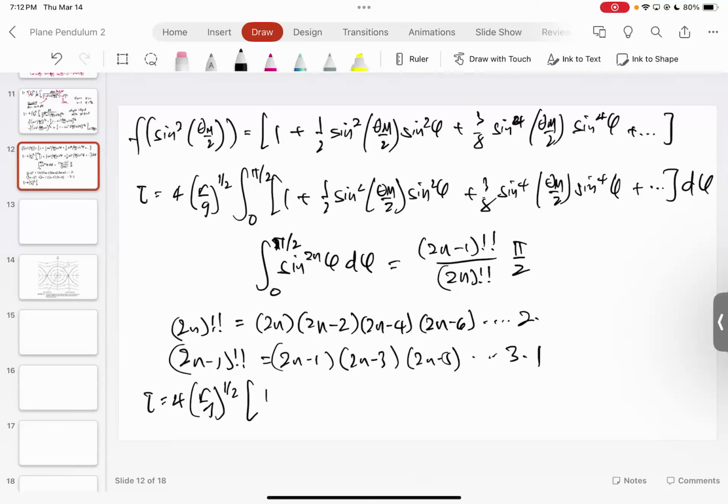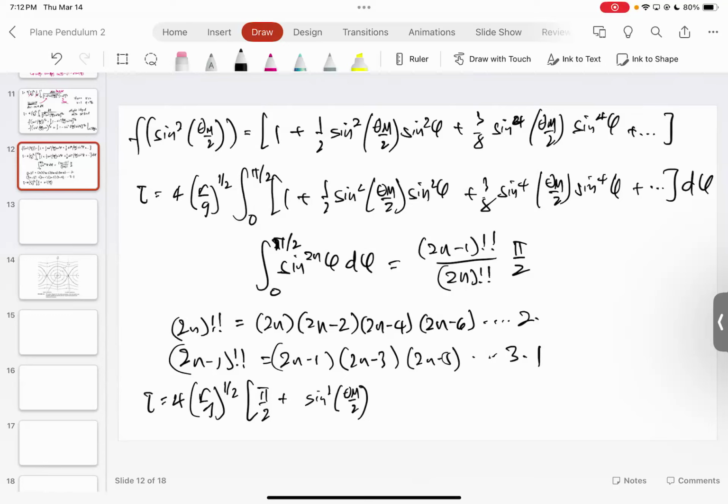So pi over 2. Then the next term: remember, sine squared theta sub m over 2 is a constant, right? So it's just there. And the integral of sine squared phi is, what is our n there? n is 1, right?